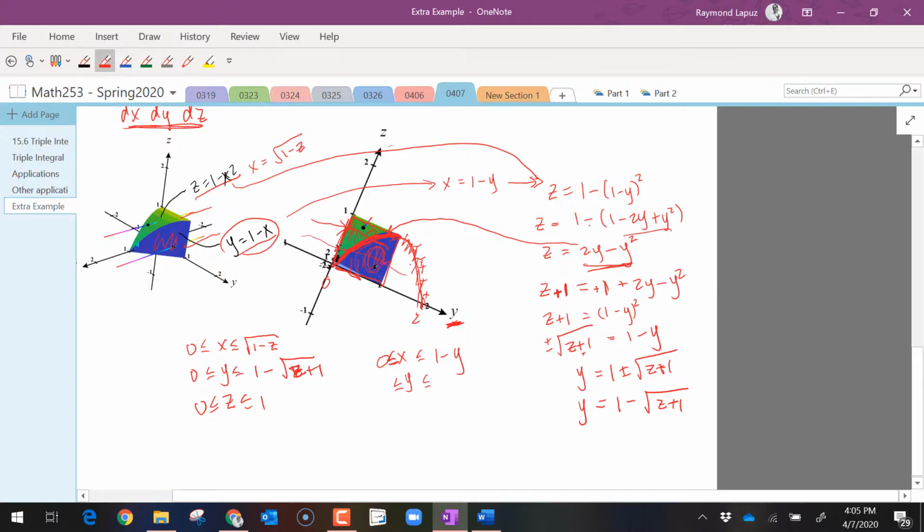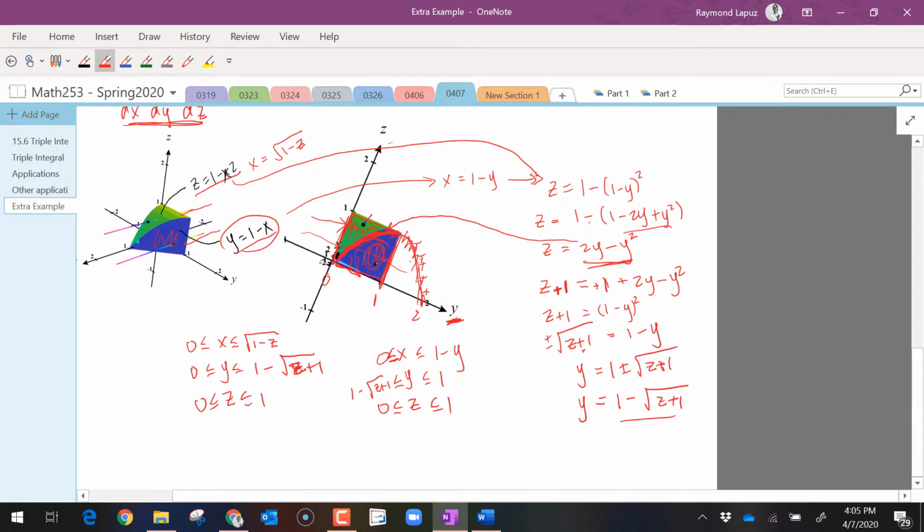This time I'm going to go in this function that we found. This is going to be my lower function, 1 minus the square root of z plus 1. And then we're going to exit at y equals 1. And then our z limits are left. So that's just 0 to 1 again because it has to be constant.